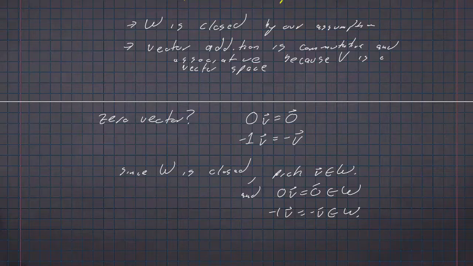And the 0 vector is going to have the properties of the 0 vector because we inherit it from V. The opposite is going to have the properties of the opposite because we inherit it from V.